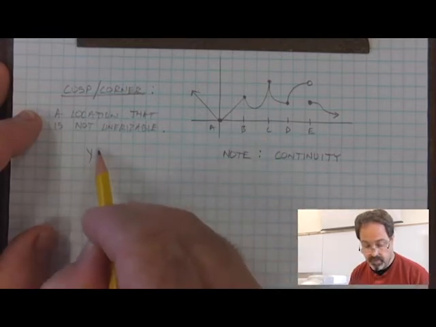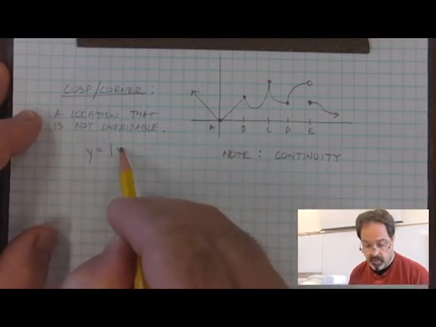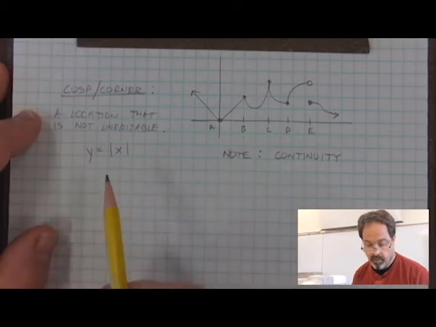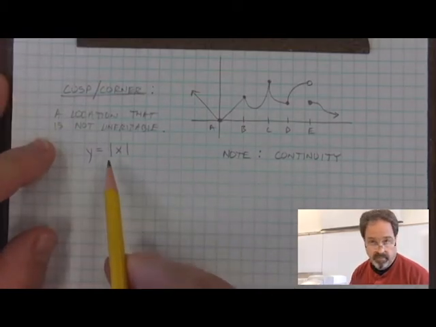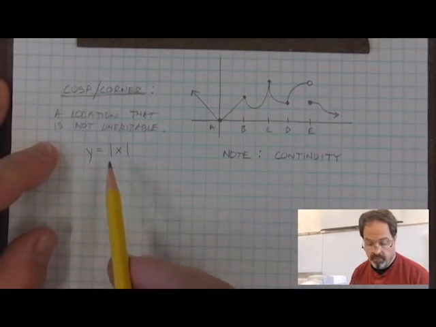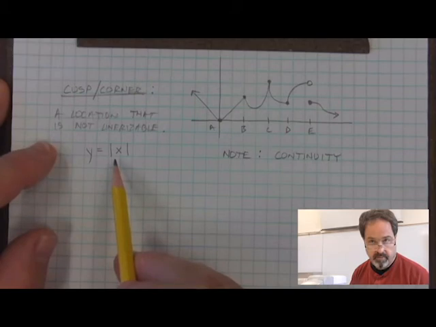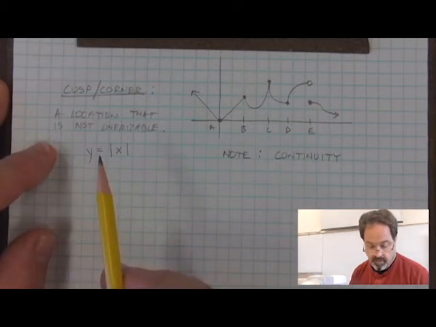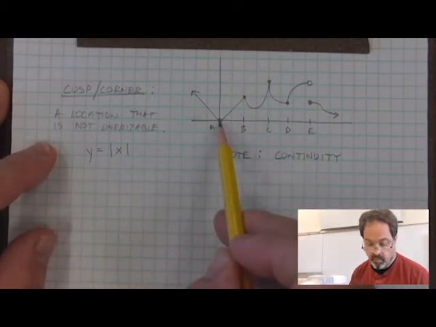What kind of functions have corners? The parent function that we are used to, and when we see it in our mathematics, it is almost always part of the magnitude function, or y is equal to the absolute value of x. This parent function has a corner at the origin.